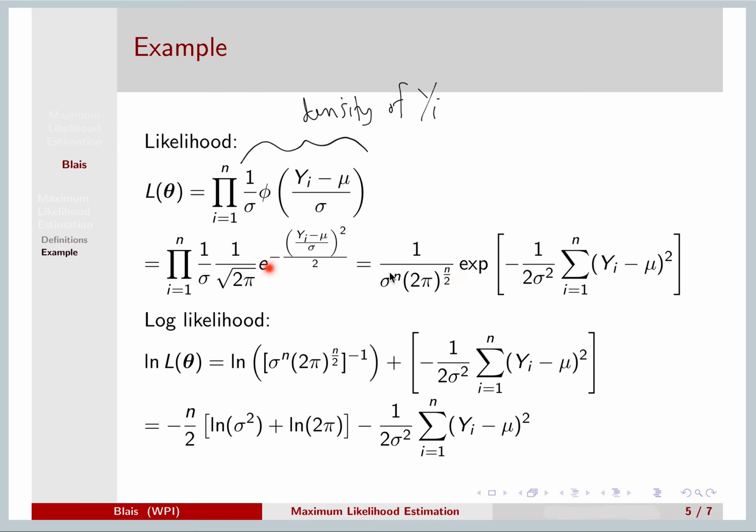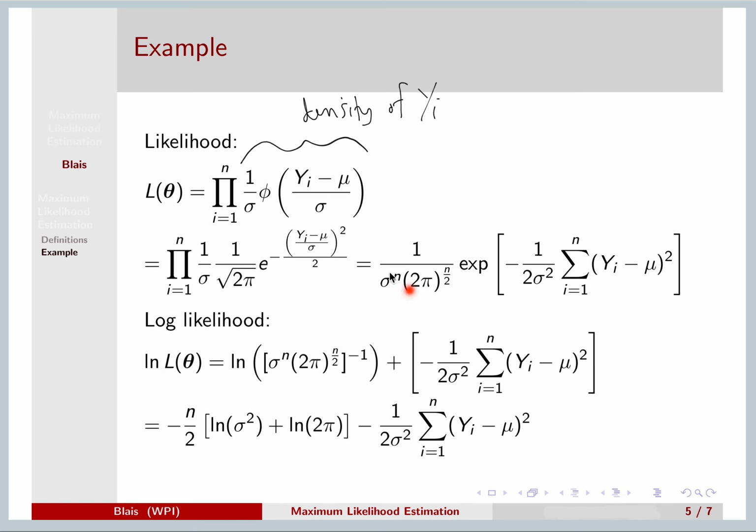And then we have a product of exponentials, all with base e, which means that would be that exponential raised to the sum of these exponents. So we're simplifying a bit. The 2 sigma squared is coming out, and that leaves us with e raised to the sum of minus 1 over 2 sigma squared times yi minus mu squared.